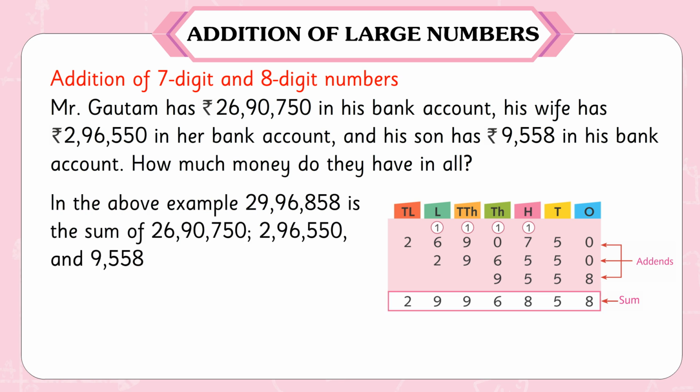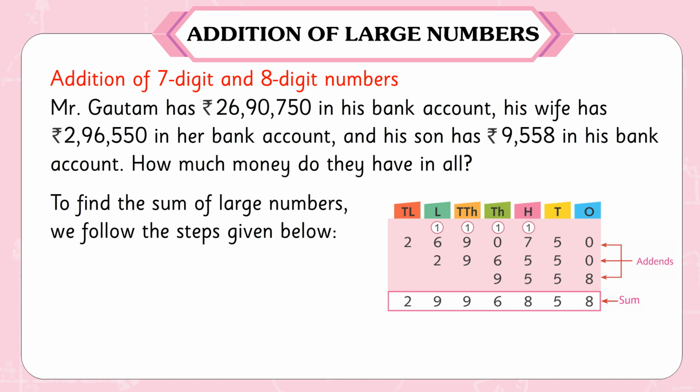In the above example, 29,96,858 is the sum of 26,90,750, 2,96,550 and 9,558.